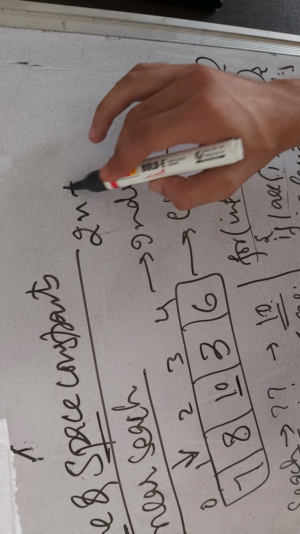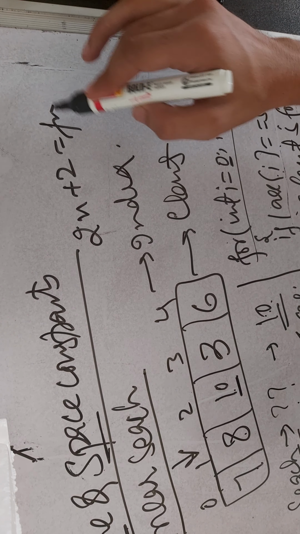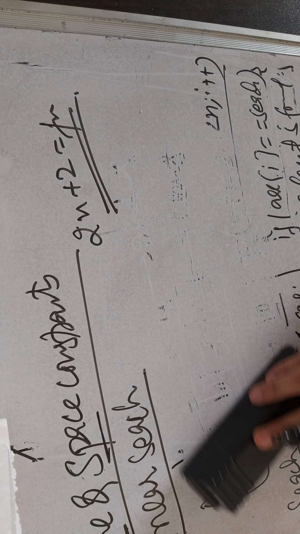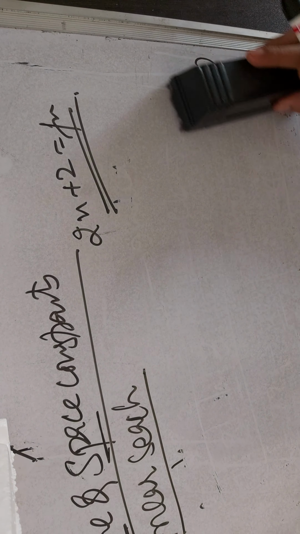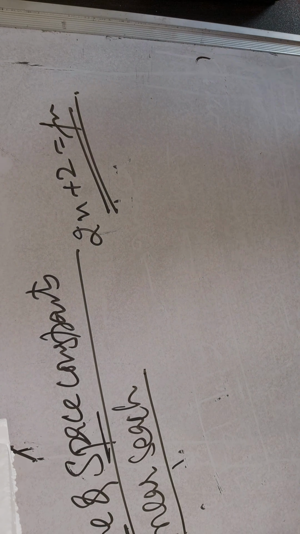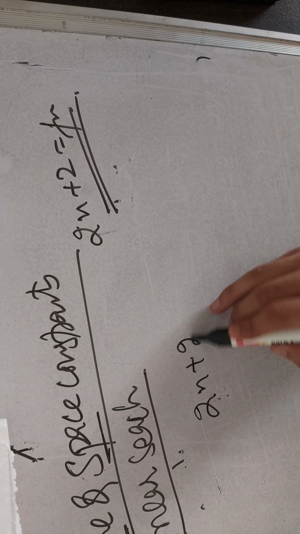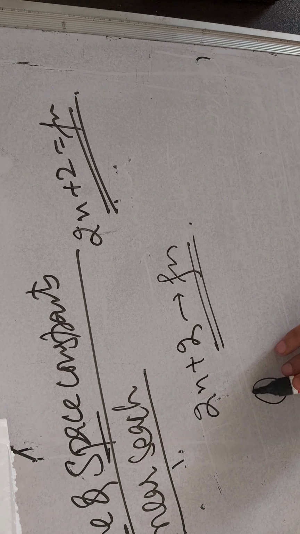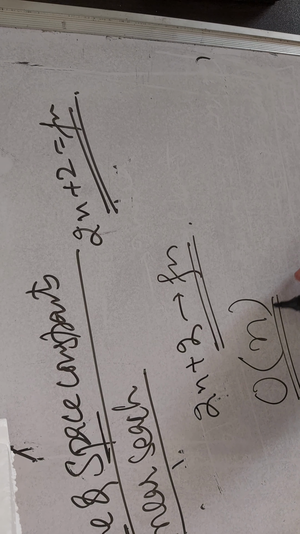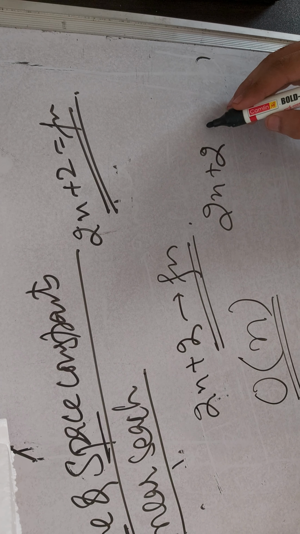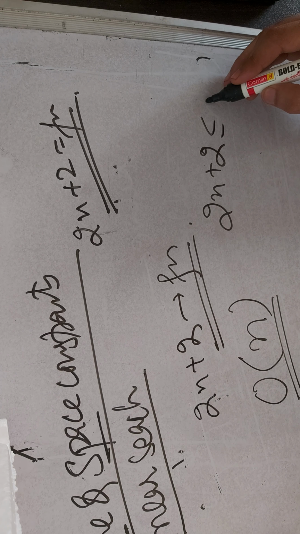So 2n plus 2 is our function for what? For linear search. When I take 2n plus 2 as the function f of n in the case of linear search, I put it into big O of n form, because in big O notation, it must be less than or equal to c g of n.